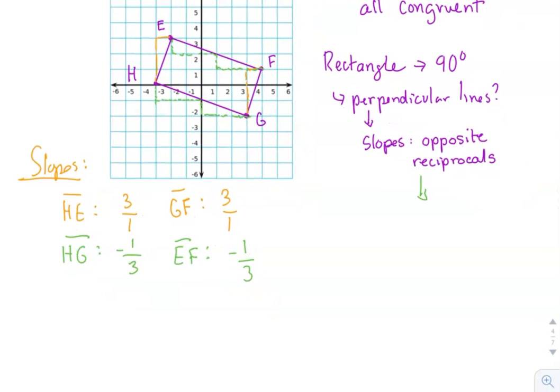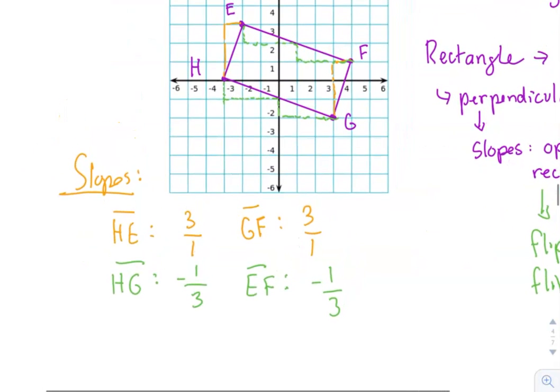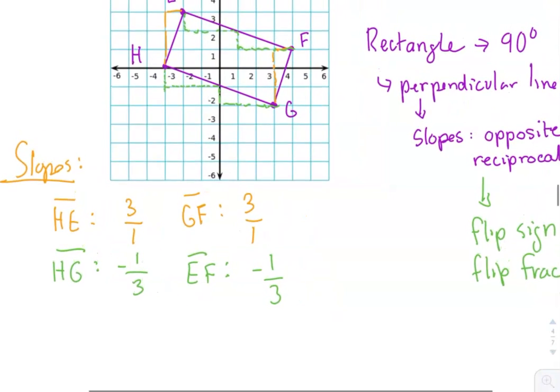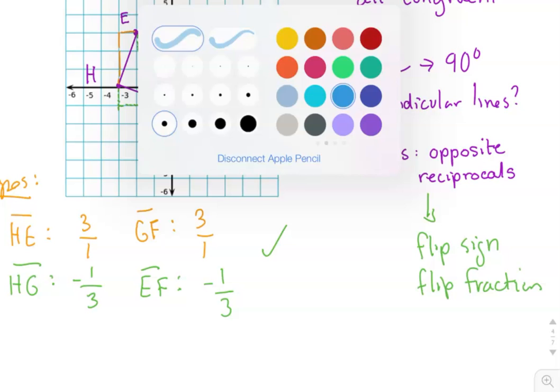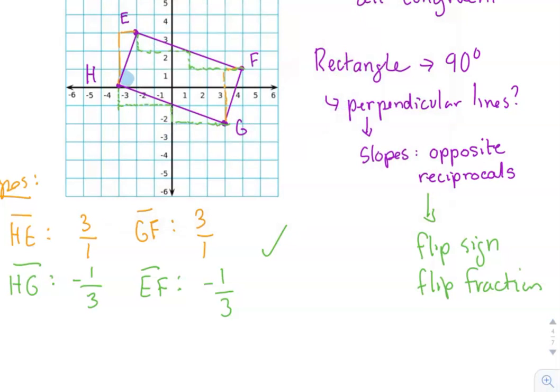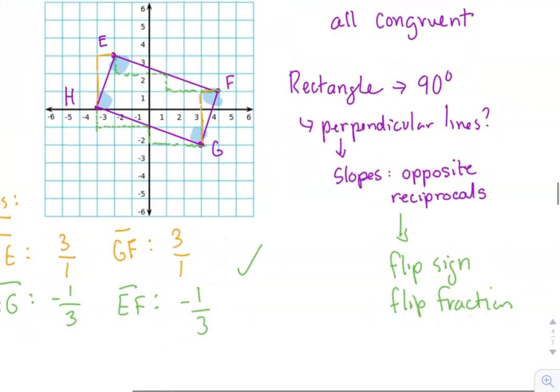So remember, opposite reciprocals: flip the sign, flip the fraction. Did that occur? Positive to negative, right? We have slopes in the positive direction, slopes in the negative direction, and we also flipped their fractions. So that is true. We have opposite reciprocal slopes, so we do have 90-degree angles for each of our vertices. So we have a rectangle.